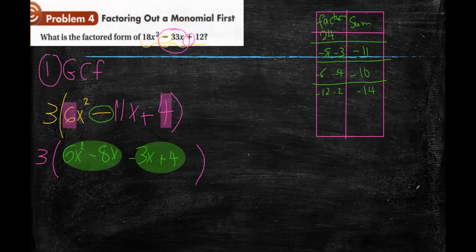The first bracket shows 6x squared minus 8x, minus the second bracket, which shows 3x plus 4, and don't forget the 3. Then after that, let's find the GCF for the first green circle.